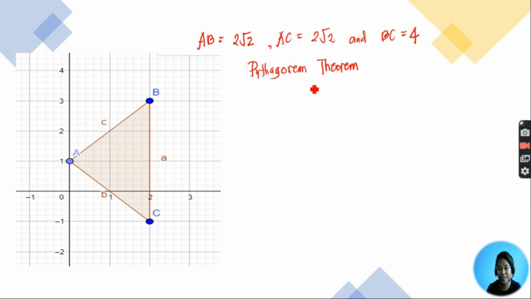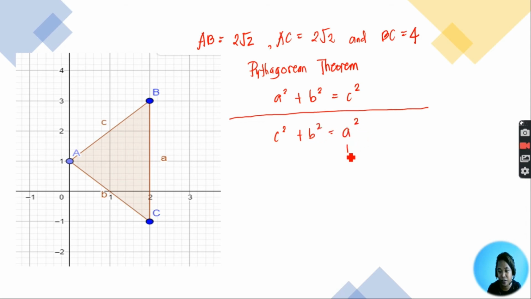So the Pythagorean theorem states that the sum of the squares of two sides is equal to the square of its hypotenuse. So we have a squared plus b squared is equal to c squared. So in this triangle, we're going to prove that c squared plus b squared is equal to a squared.